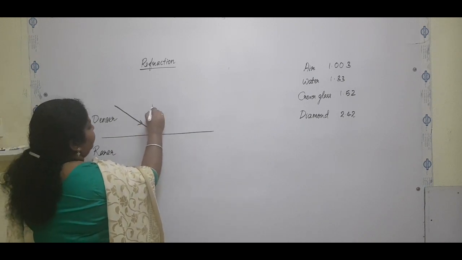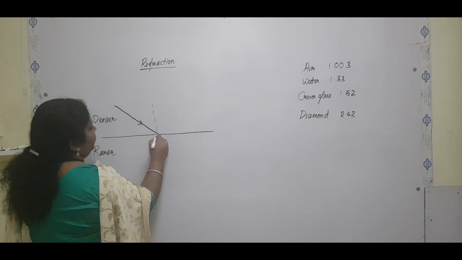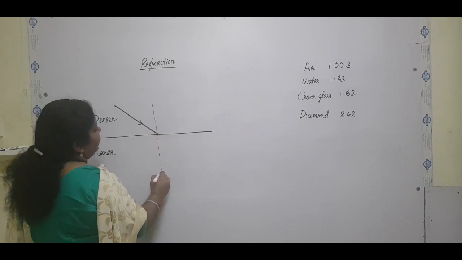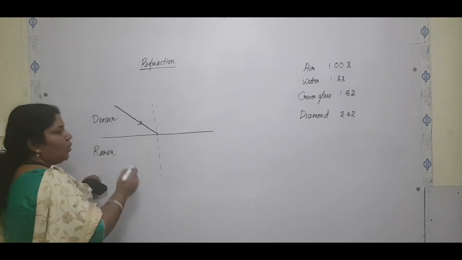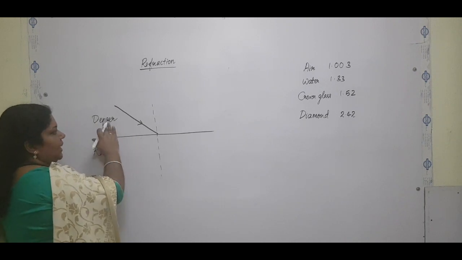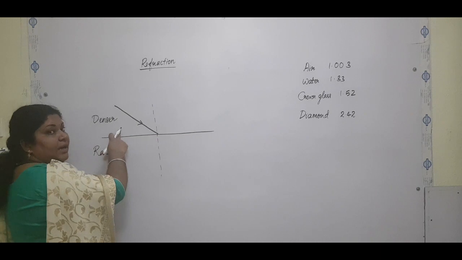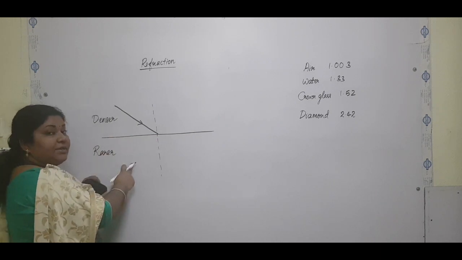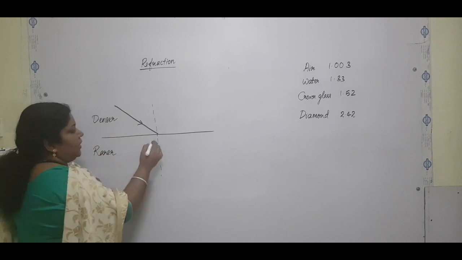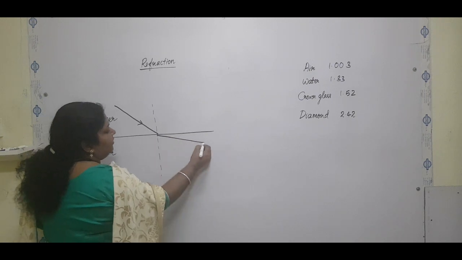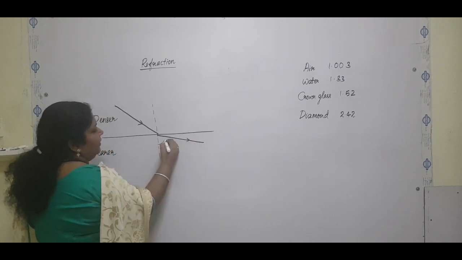This is the normal at the point of incidence. When a light ray passes from a denser medium to a rarer medium, in the denser medium the speed will be less, and in the rarer medium the speed will be more. So it will bend away from the normal.